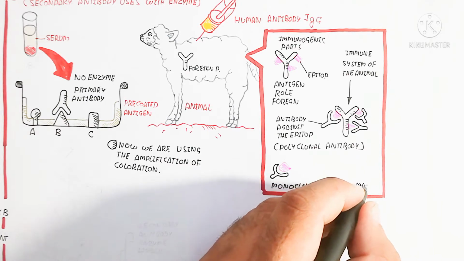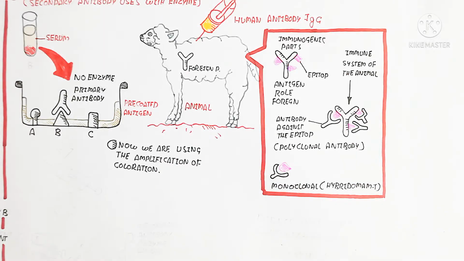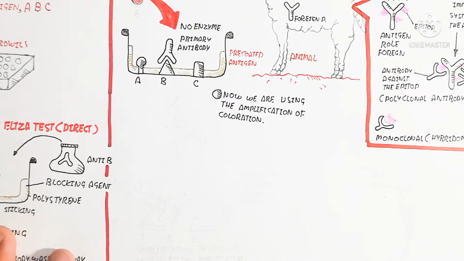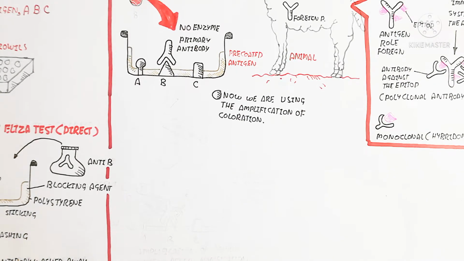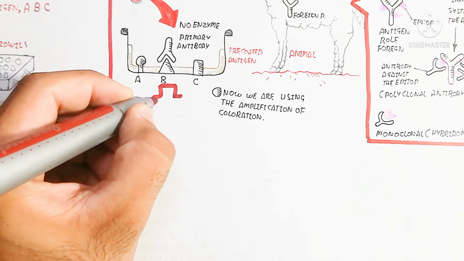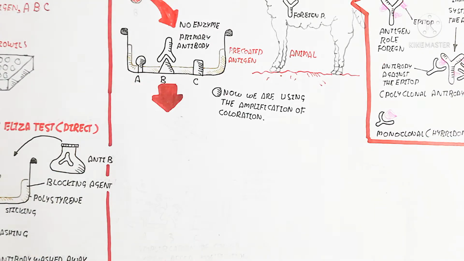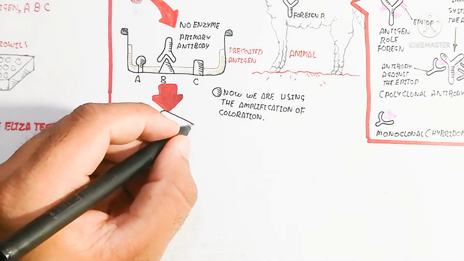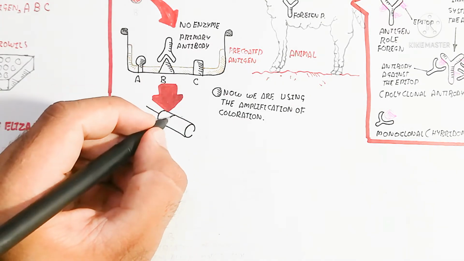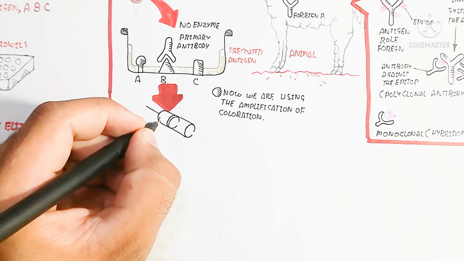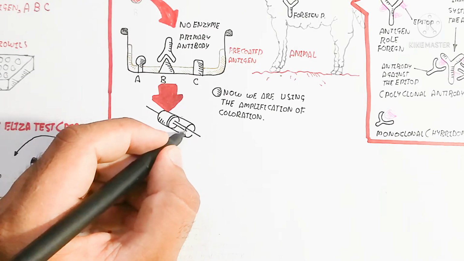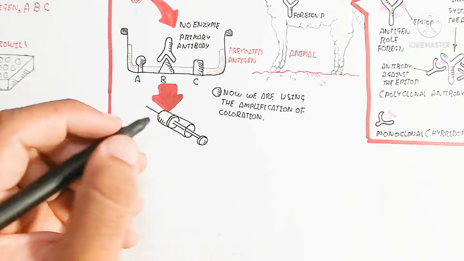So let's begin to understand. The epitope is produced, and the antibody against the epitope will be produced. This antibody can be linked with the enzyme in the laboratory. The important thing is that we take the antibody and inject it into the animal to produce the epitope-containing antibody complex.